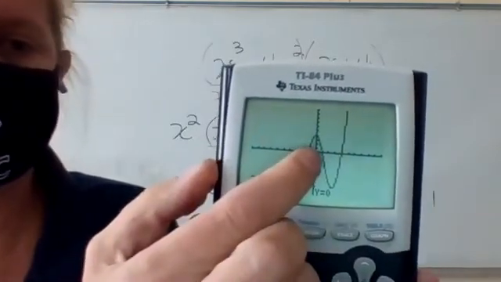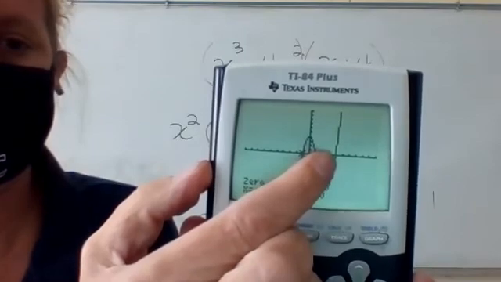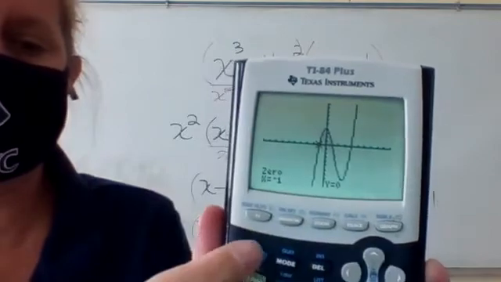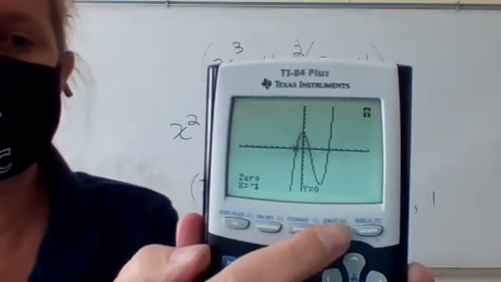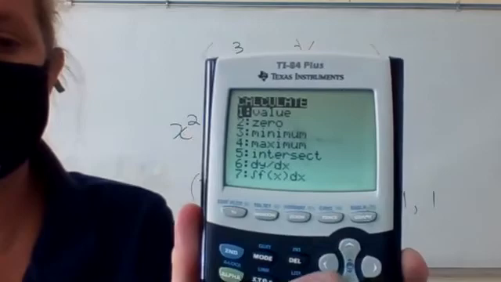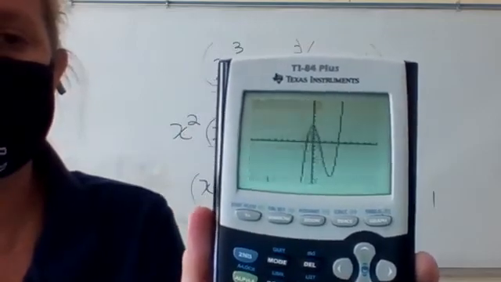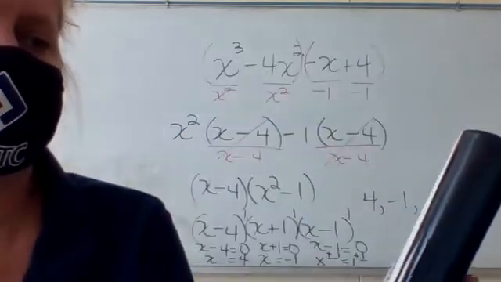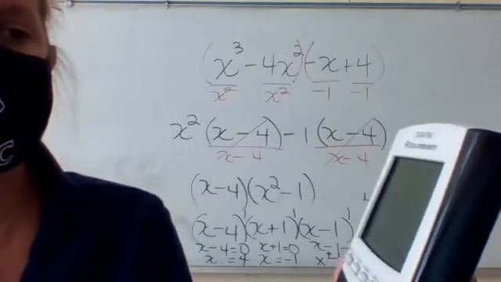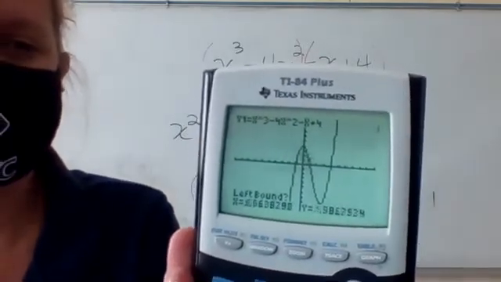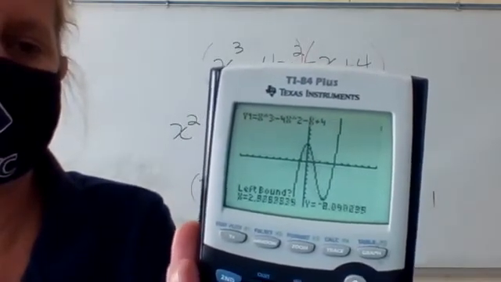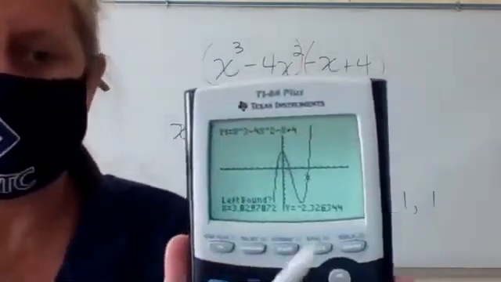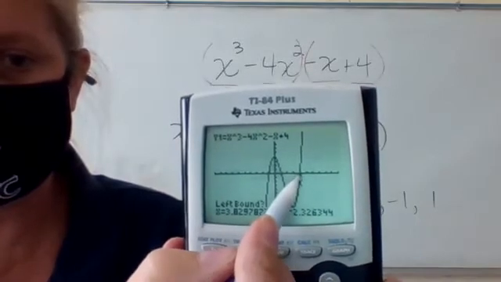If I wanted to find this next zero, let's go over here and find this one. You can do it to all 3 of them. So again, second calc, I want to find a zero, so I'm going to go down to 2, hit enter. I want to be to the left and right of this zero, this x-intercept right here.